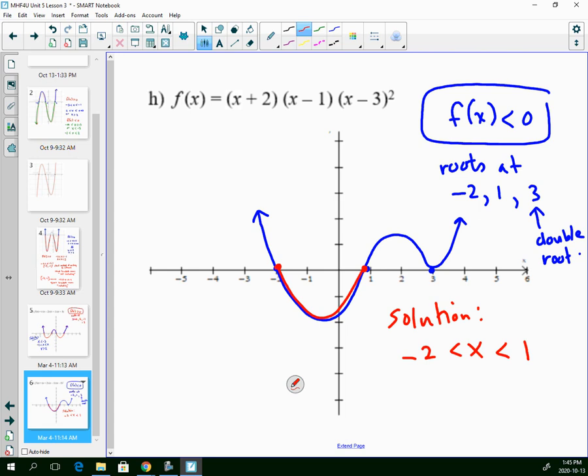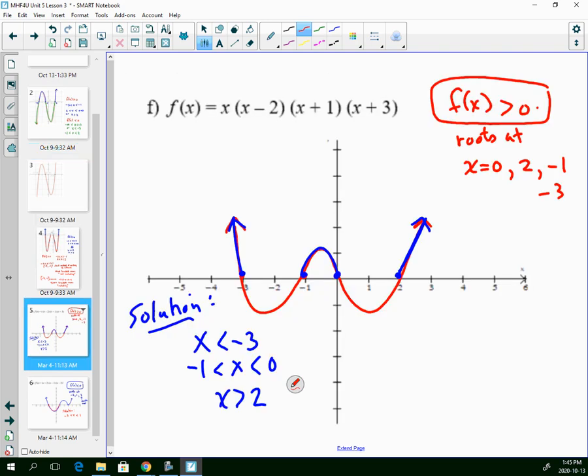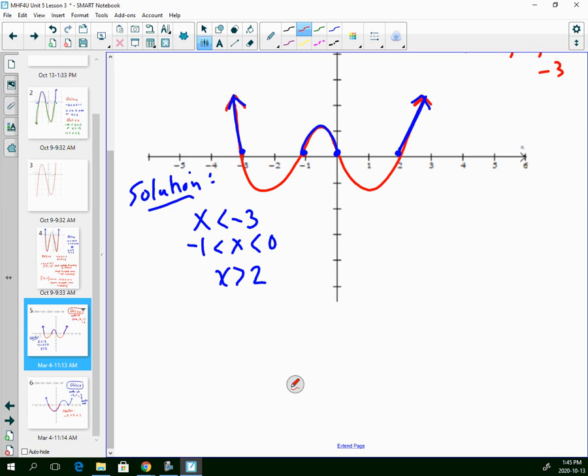What we want to do is to be able to answer the question without drawing it. So let's go back to this question. Let's say I wanted to know, we'll do this one, without graphing.